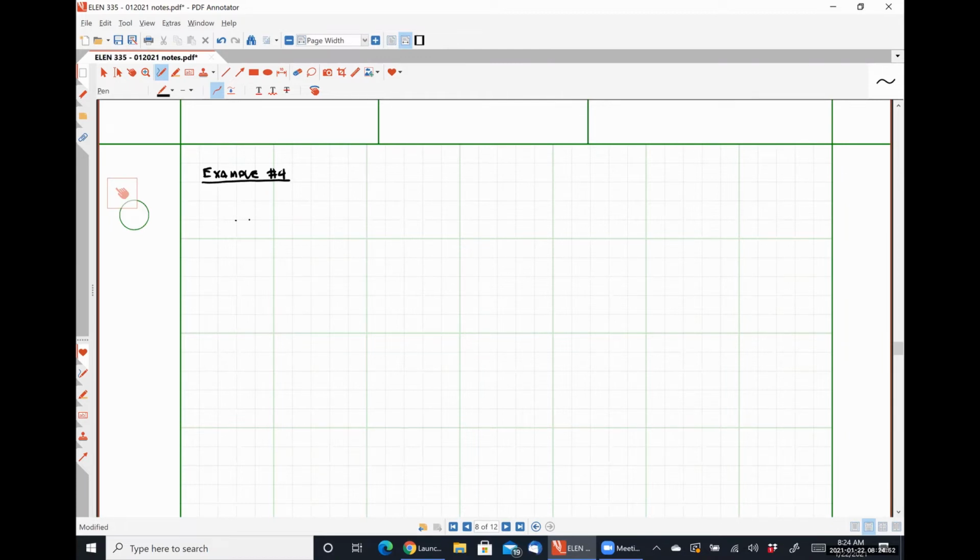So let's say that we have a, what did I call it specifically? Emitter degeneration biasing circuit. 2.5 volts here. 3 kilo ohms resistance. 200 ohm resistor as RE.